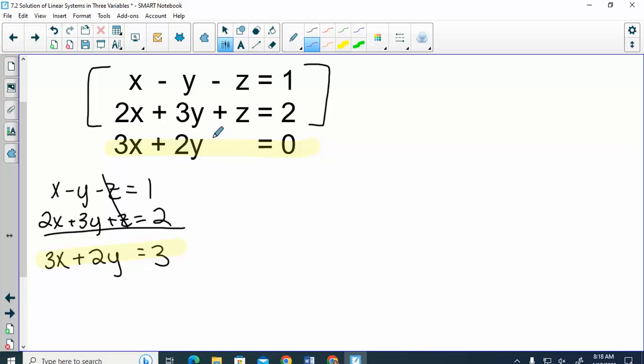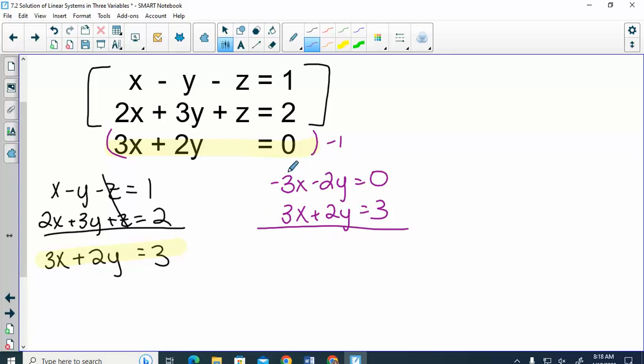Okay, so let's just take one of them times the -1. So I'm going to add those together, both my x's and y's cancel, so I get 0 equals 3. So what do we write? No solution, inconsistent.